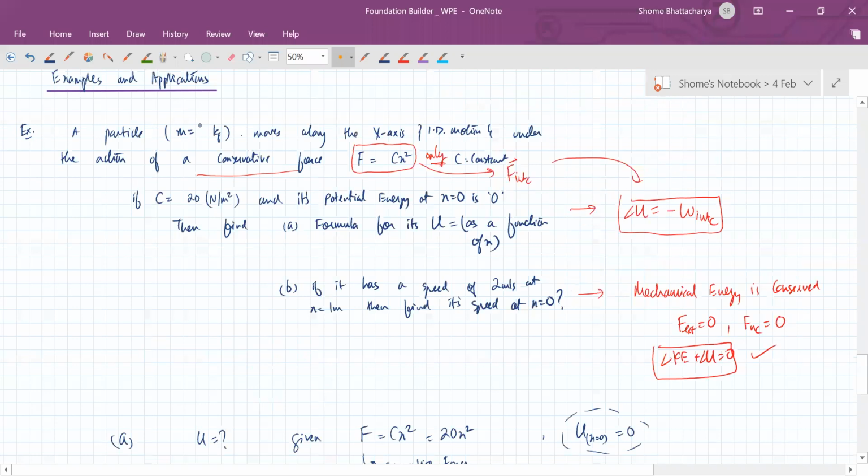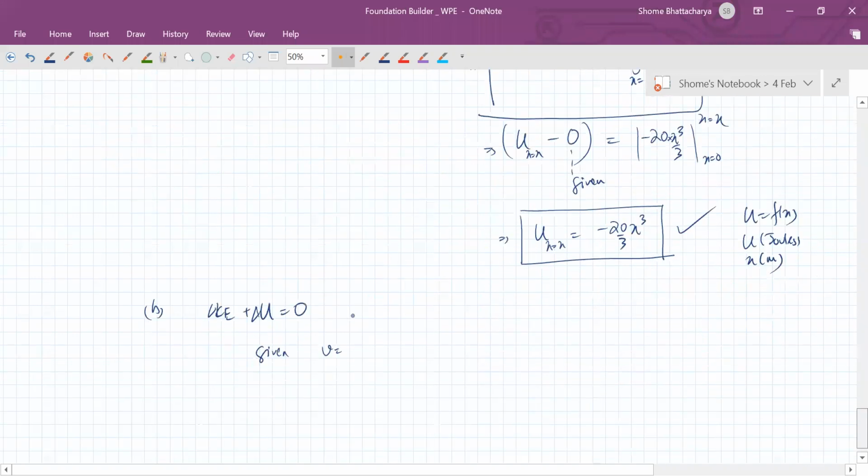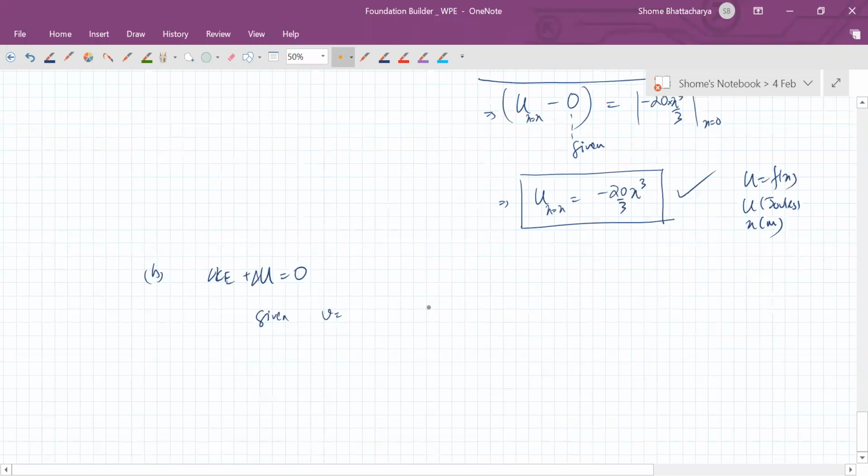So we'll make the mass of the particle 4 kg here. It is given that the speed of the particle is 2 meters per second at x equal to 1 meter. So v is equal to 2 meters per second at x equal to 1 meter, and the mass I have changed to 4 kg.